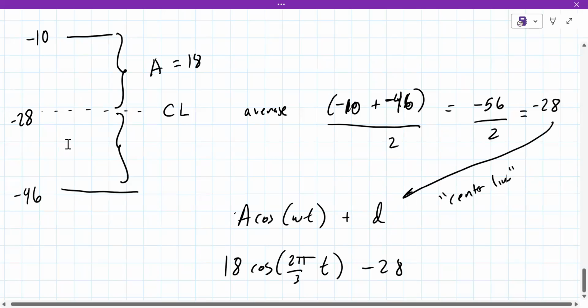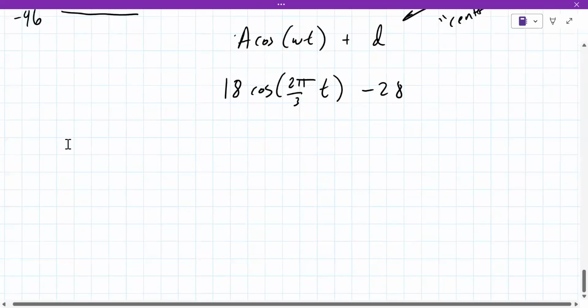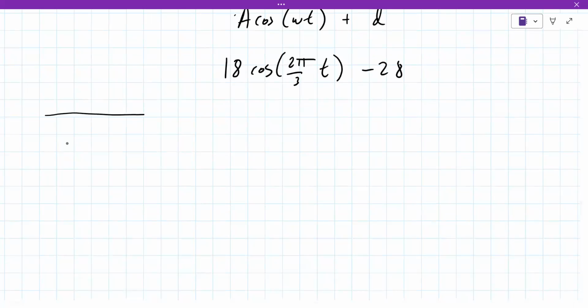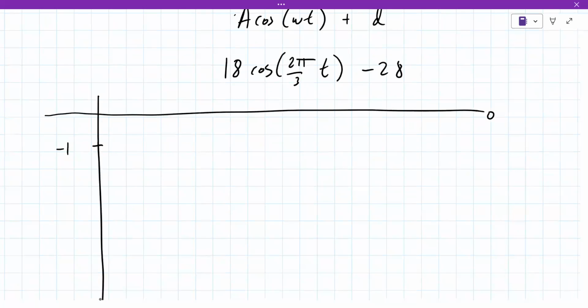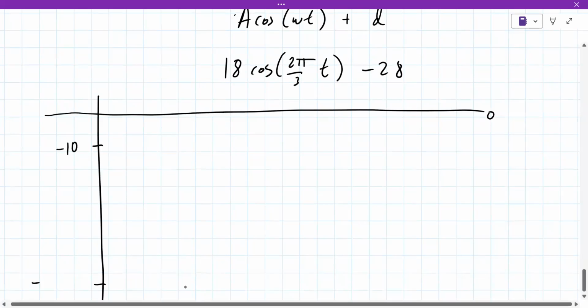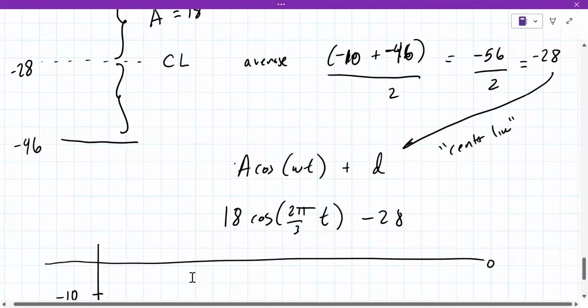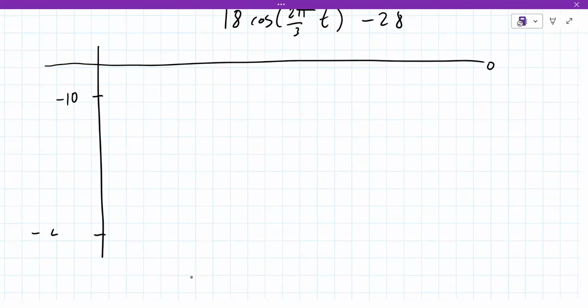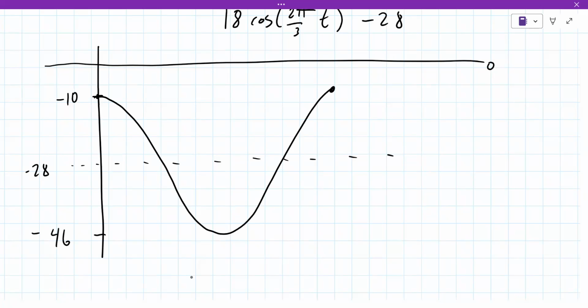Okay. So now we can graph it, which isn't great, but a lot of times we're really comfortable with, okay, that's 0. And it's like, yeah, it's down here at -10, minus what was it, 46. Sorry for all the scrolling. And then minus 28. So what it does is it's the same shape as before. And we know that it takes 3 seconds to get there.